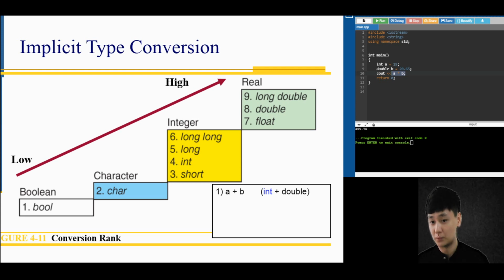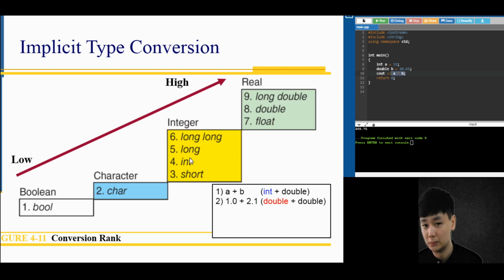The conversion will go from the lower rank to the higher rank. Therefore, this integer in rank number 4 will be temporarily converted to the higher rank, which is double, to match the variable b, which is from the double data type.